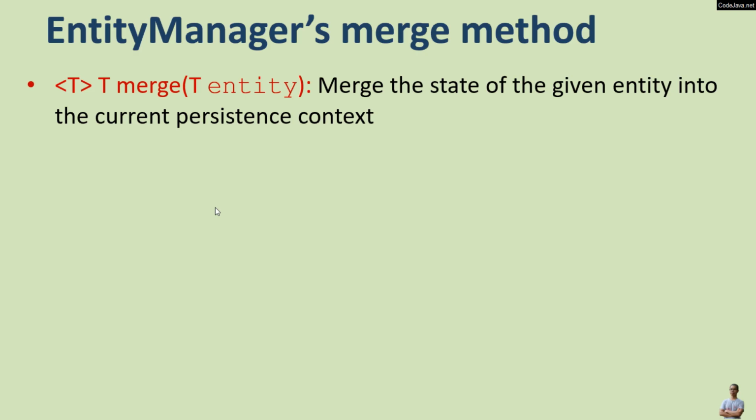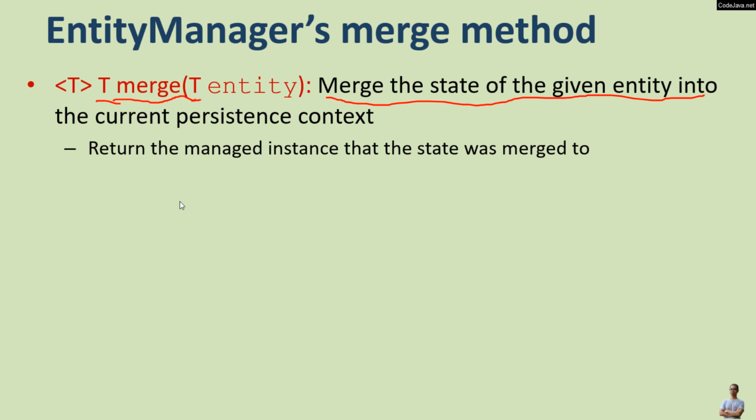Let's understand the entity manager merge method. JPA specification defines the merge method in the entity manager interface like this. It takes an object of type T and returns an object of type T. Merge the state of the given entity into the current persistence context and returns a managed instance that the state was merged to.